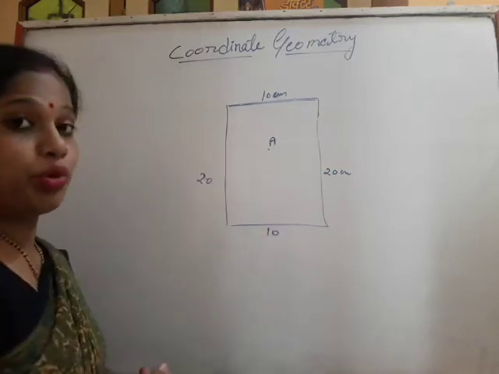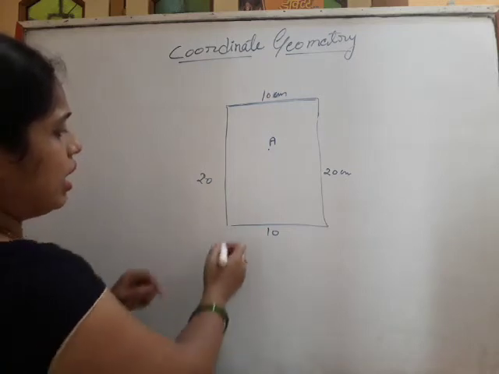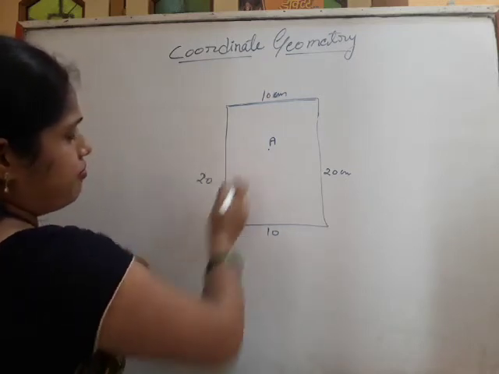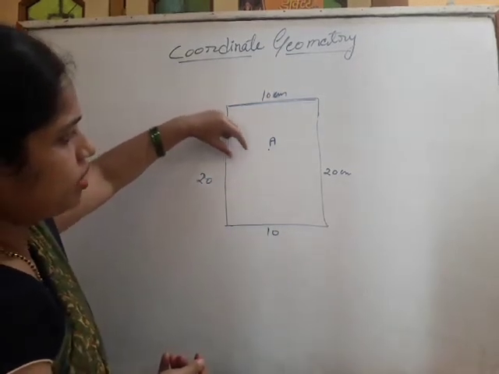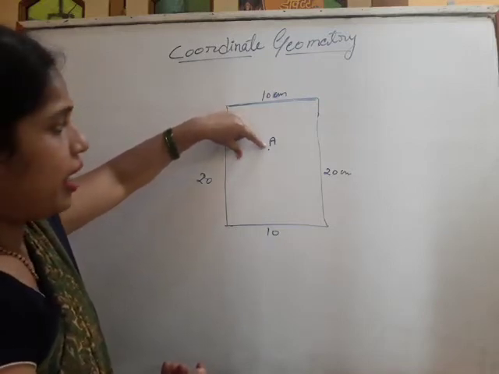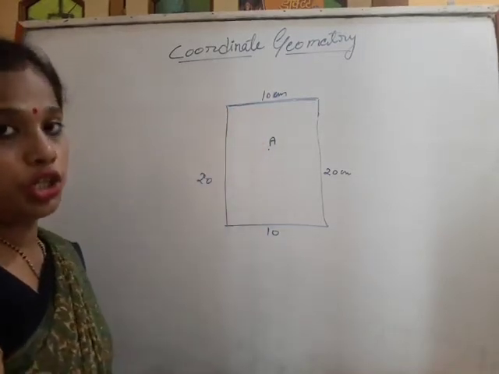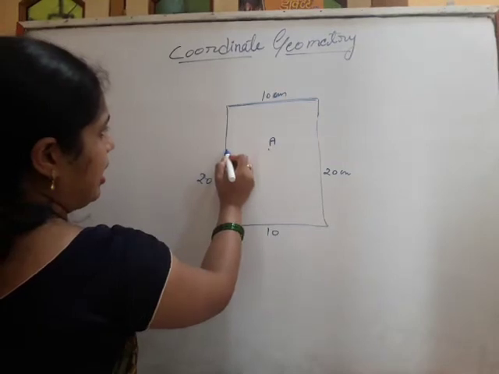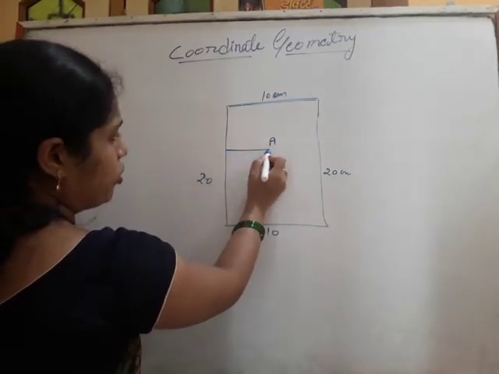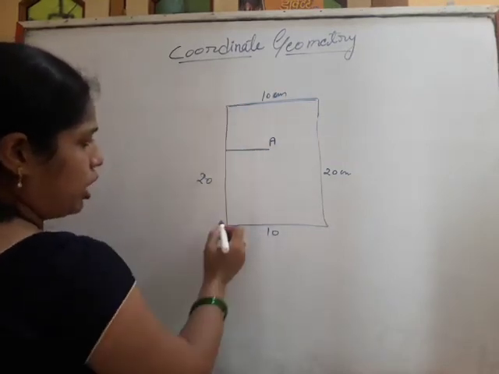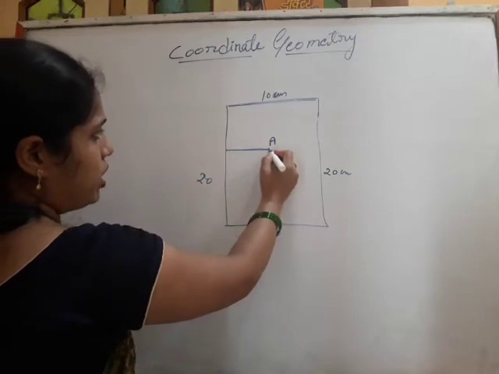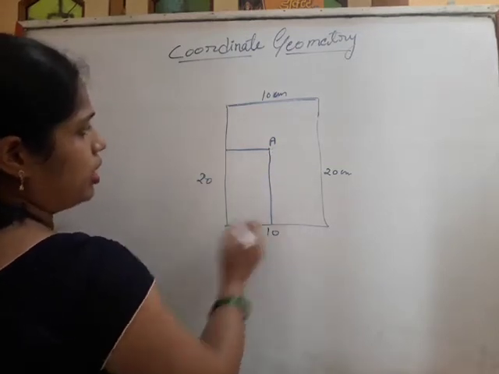So how do we find the position? We will start giving the length from the longer edge and the length from the shorter edge. We will draw a perpendicular line from this point to the longer edge and from this point to the shorter edge.